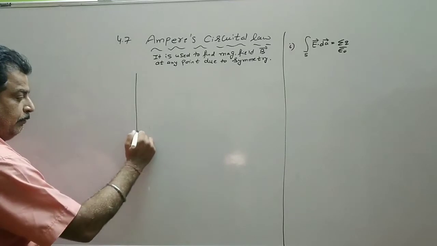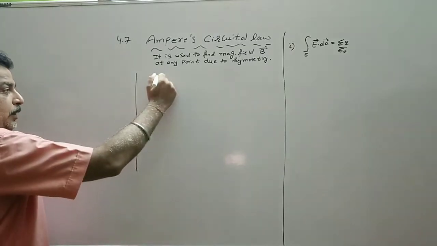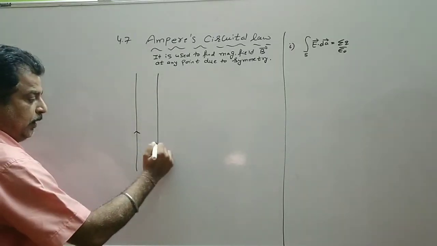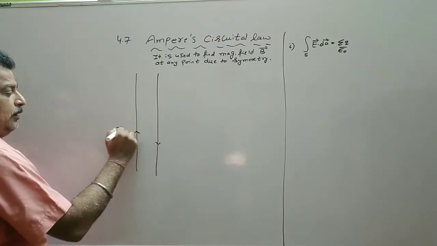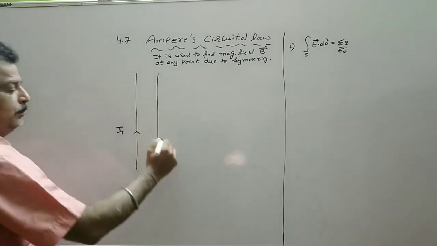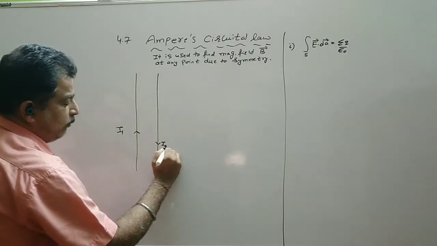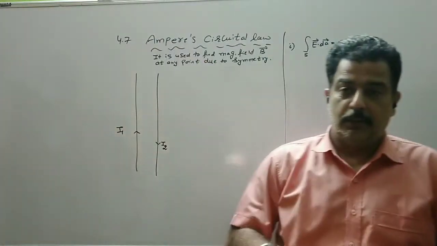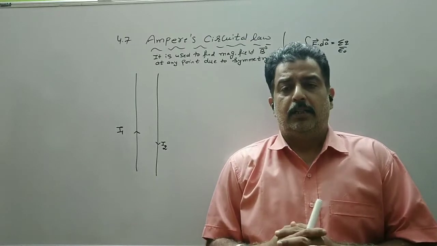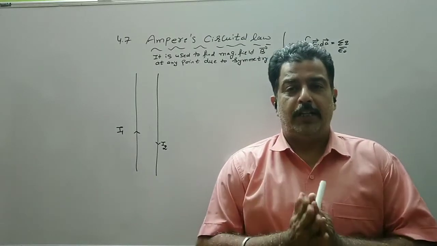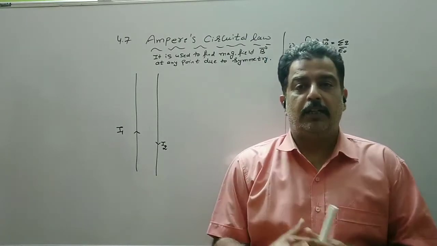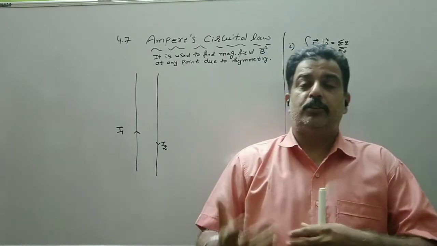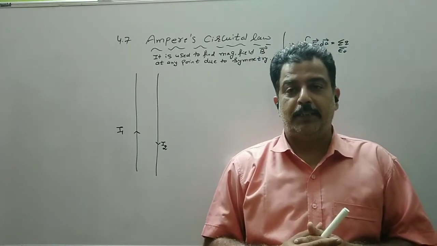Suppose we take two wires. In one wire the current is going up, and in the second wire the current is going in the downward direction. Generally we have only one wire in our course, so it is more easier to apply this law.